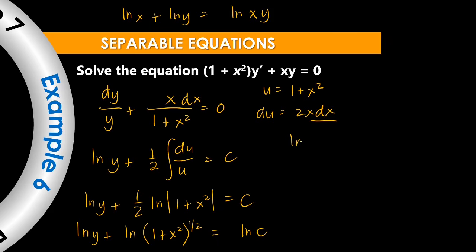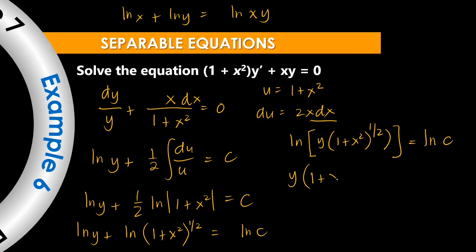We will get ln of y times (1 plus x squared) raised to 1/2 and then equals ln of c. So we can now eliminate ln by raising both sides of the equation to e. Y times (1 plus x squared) raised to 1/2 equals c.